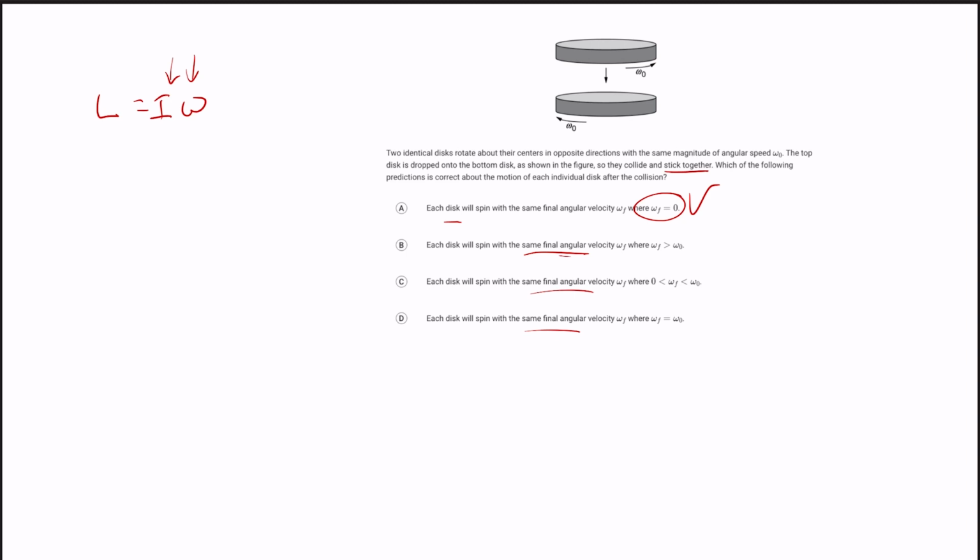Well, their initial velocity was non-zero, so their final velocity is certainly not greater than that if their final velocity is zero. All of these other choices suggest that their final velocity is bigger than zero, and we can prove pretty quickly that it's not, because their momentums cancel each other out, so their velocities go to zero. So we're going to circle A here and move on.